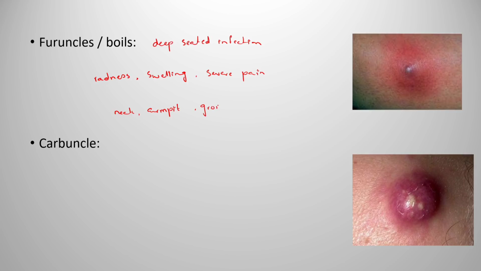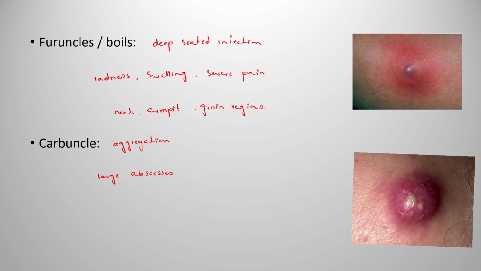It is the severity of folliculitis infection. Next is carbuncle. Carbuncle is an aggregation of infected furuncles. Carbuncles may form large abscesses. It is a large area of redness, swelling, or pain punctuated by several sites of draining pus.